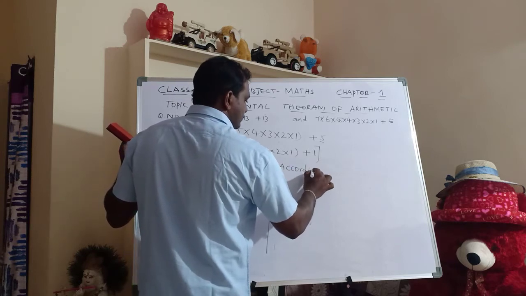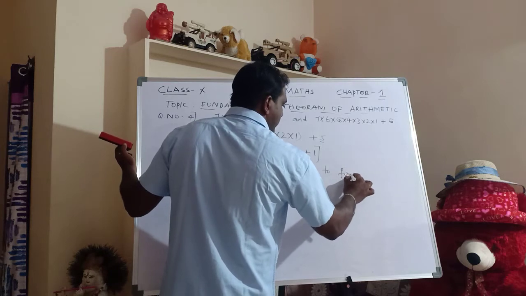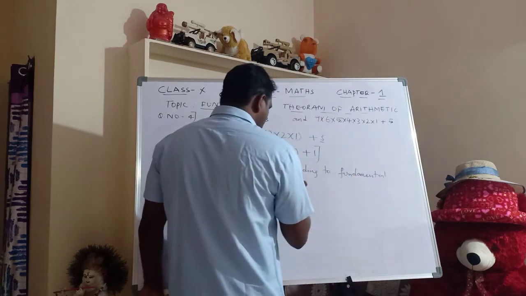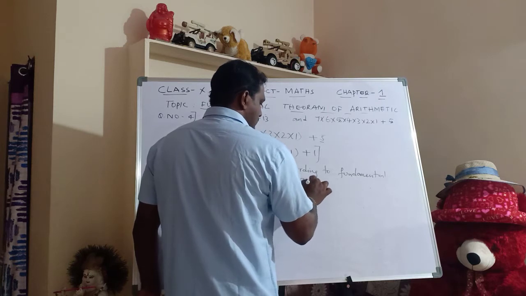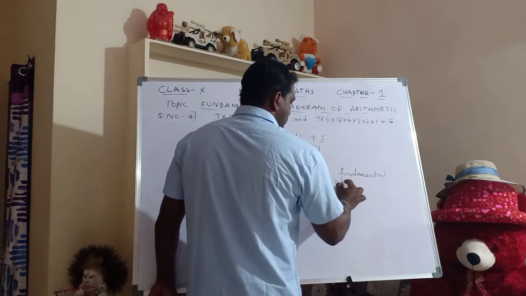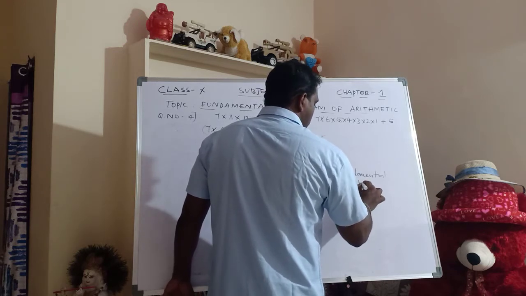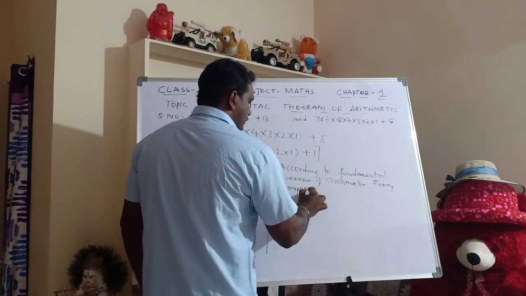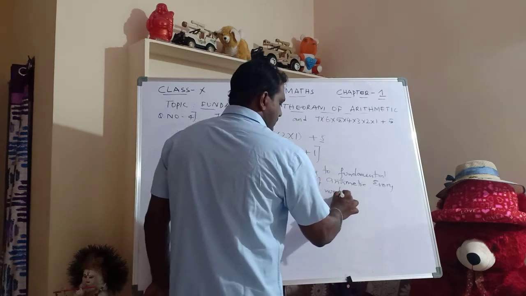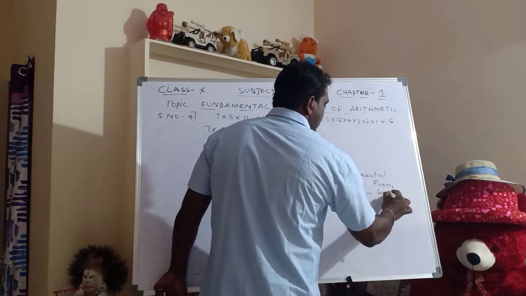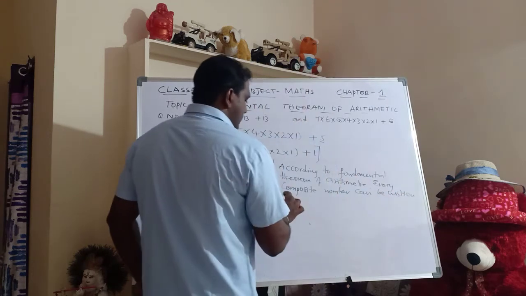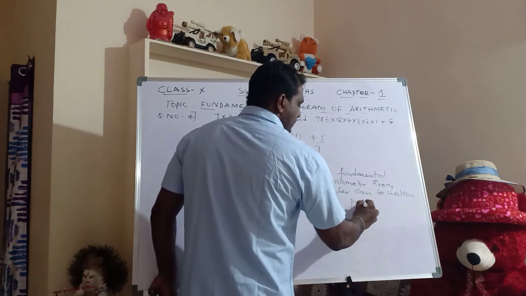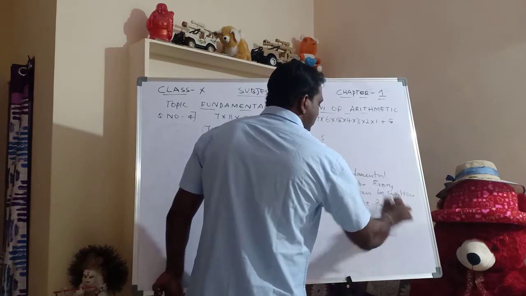According to the fundamental theorem of arithmetic, every composite number can be written as a product of prime numbers, or we can say a product of prime factors.